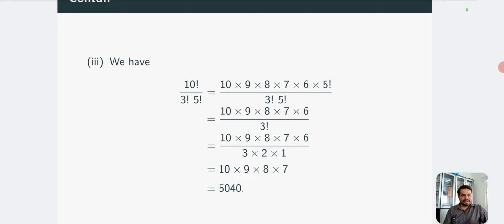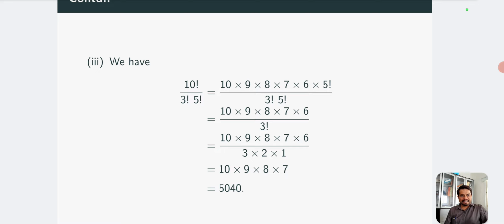That's why we stop expanding here, divided by 3 factorial into 5 factorial as it is. Then you can cancel 5 factorial from the numerator and the denominator, and this is a very simple calculation. We get the answer 5040. So by using the definition of factorial, you can solve some examples.